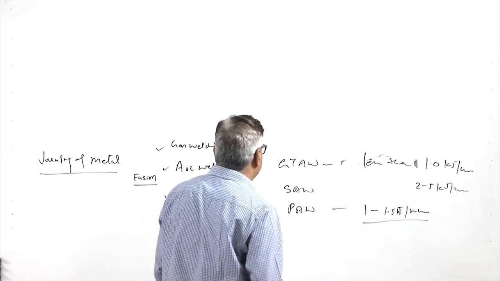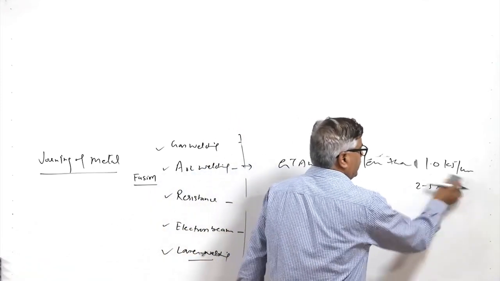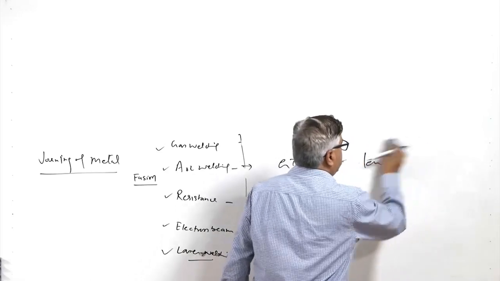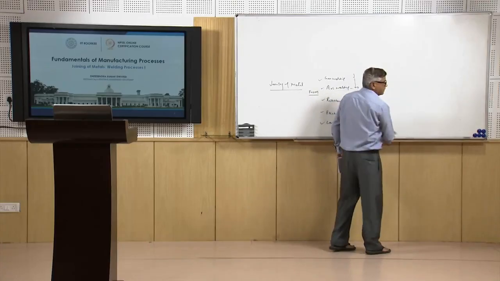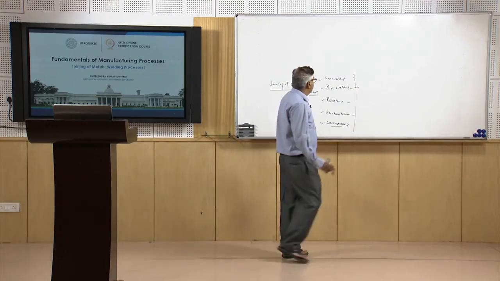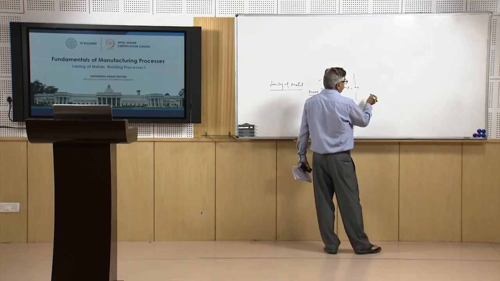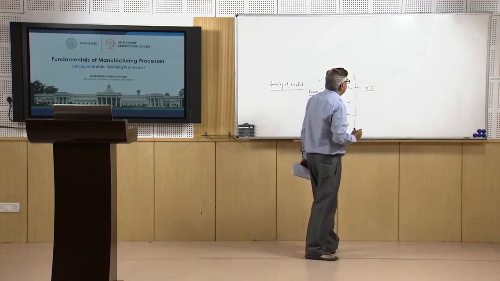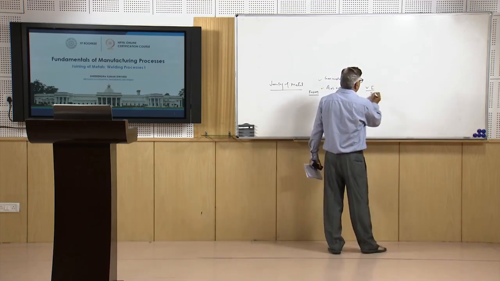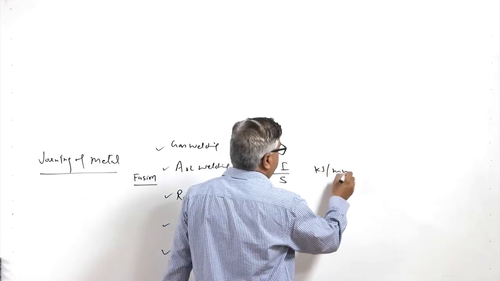So, depending upon the net heat input being delivered, the weld pool size and cooling rate are all affected. In arc welding processes, depending upon the welding process being used, generally the power of arc VI, and depending upon the speed, we determine the heat input in kilojoule per mm.